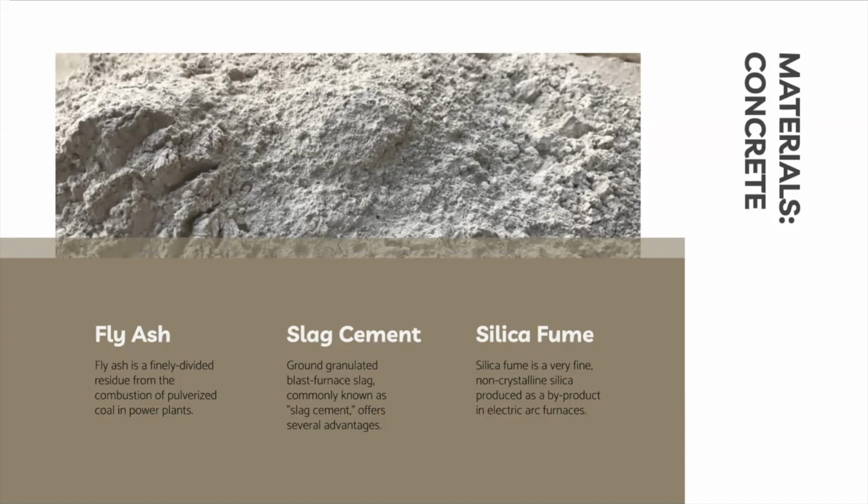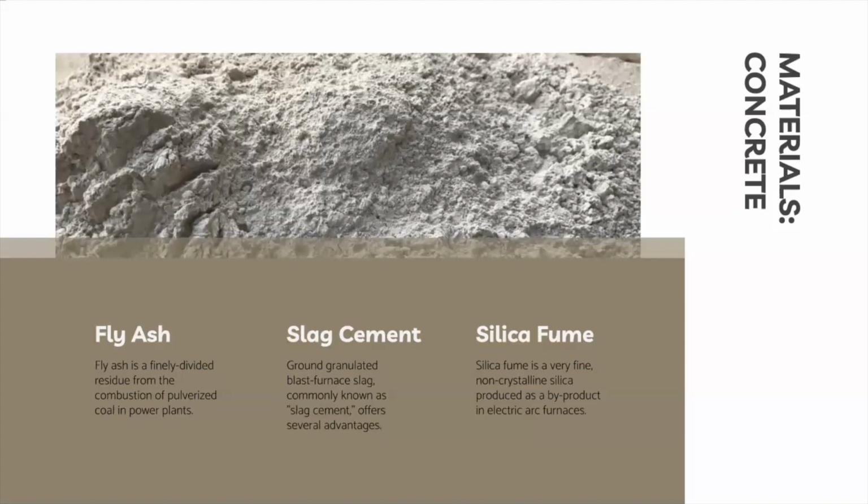Fly ash, a residue from coal combustion, comes in two classes, F and C, each with distinct properties affecting workability and initial setting time. Ground granulated blast furnace slag, known as slag cement, offers benefits such as increased strength, reduced permeability, and improved resistance to various forms of deterioration.